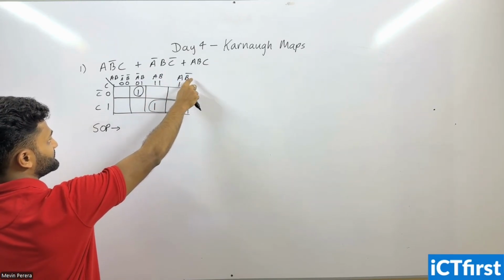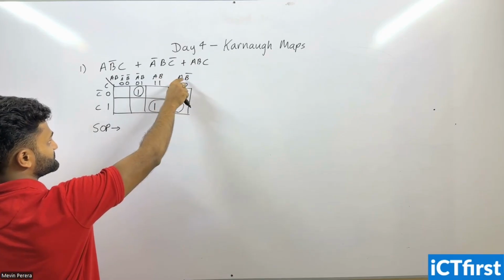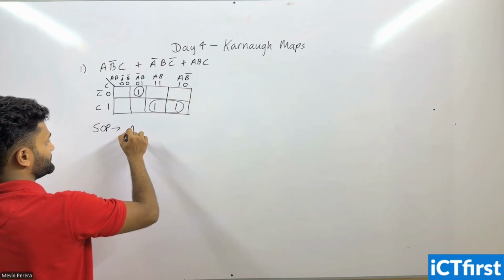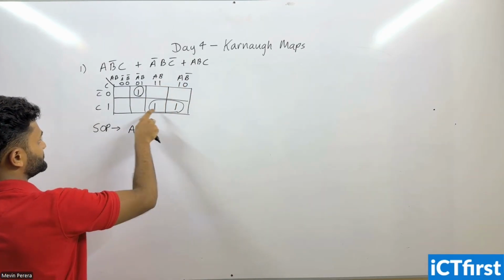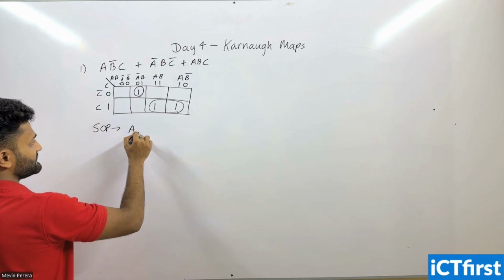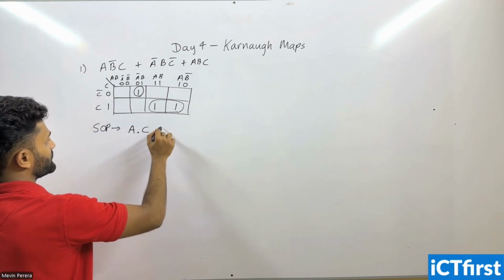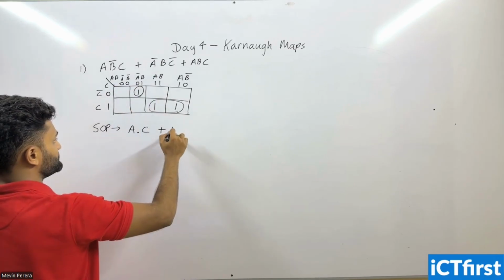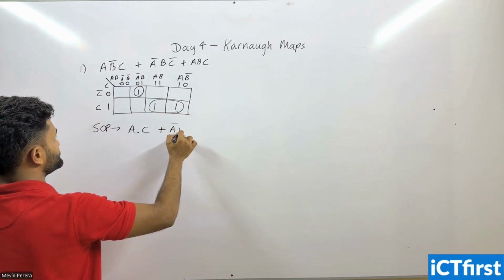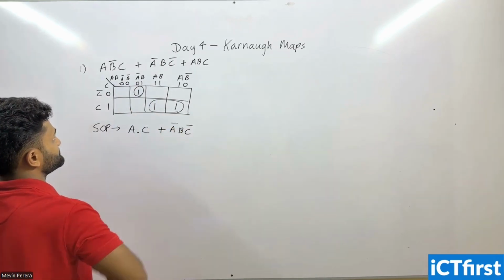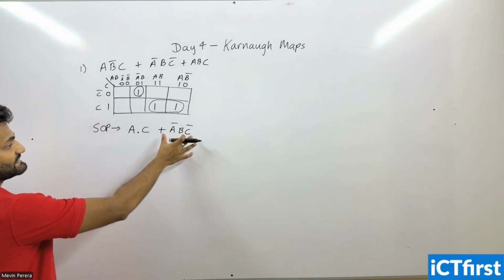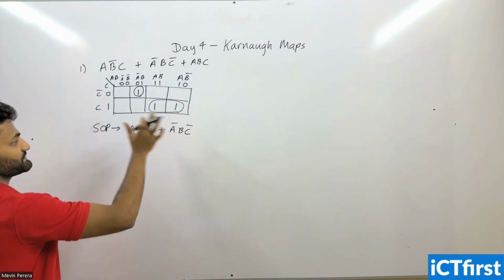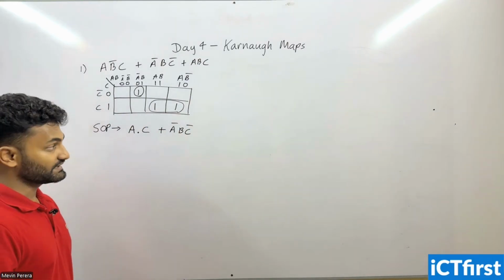Here it is B, here it is B bar. So just the common one is A. We are writing it. Then for this one, the common one is C, right? Plus. Here, of course, we cannot simplify it further. So the answer is this, right? So this is the simplified expression which we are getting.